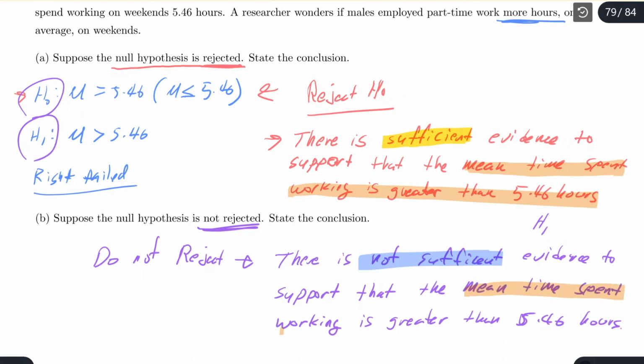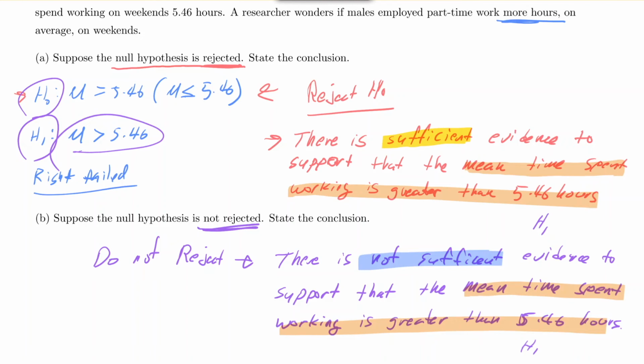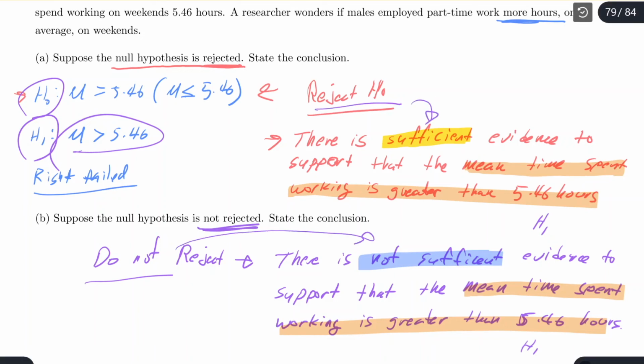So again, this part is the same. This part is just writing H1 in words: the mean is greater than 5.46. What's the mean here? Mean time spent working on the weekend. So do not reject means not sufficient. Reject means sufficient. That's always the pattern we'll see in conclusions. But we need to practice writing words in the context of each problem.